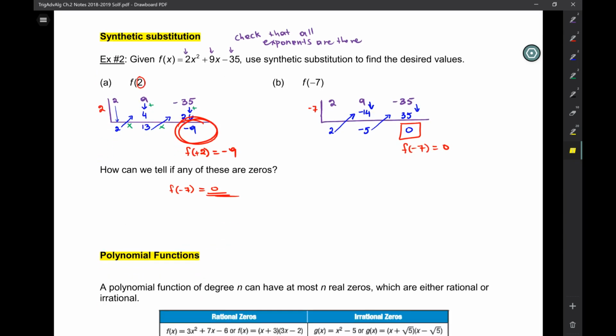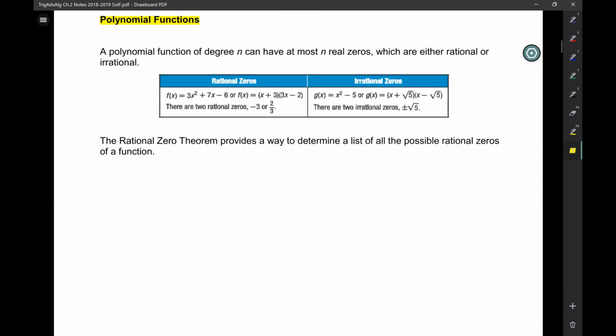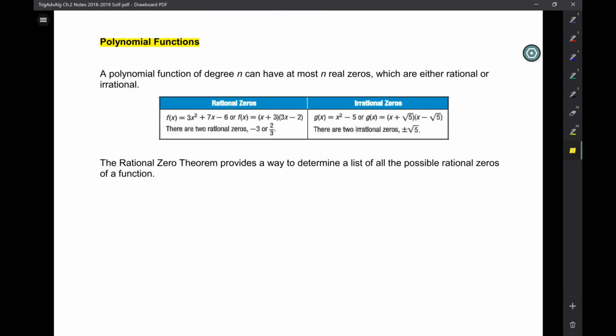Basically, you've got coefficients, you've got your variable x, and those x's have exponents that are integers from 0 and up. Okay, so you basically have x to the power of an integer, x to the power of 2, x to the power of 1, x to the power of 0, x to the power of 5. That's what a polynomial function is.